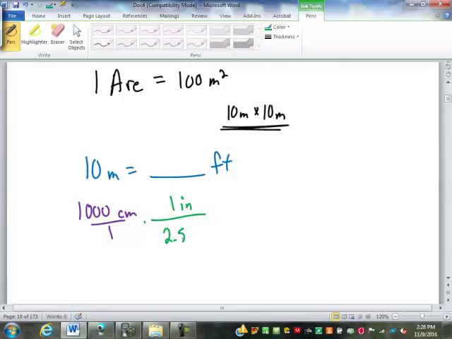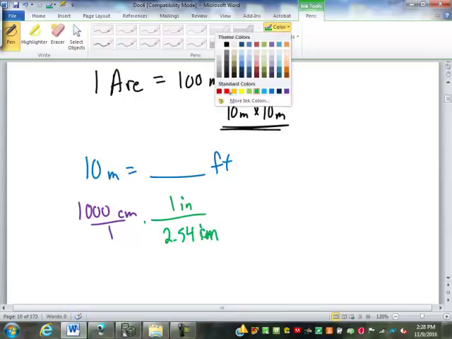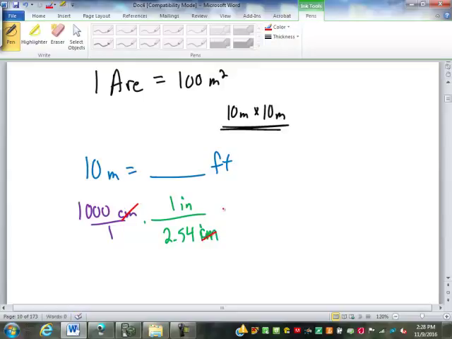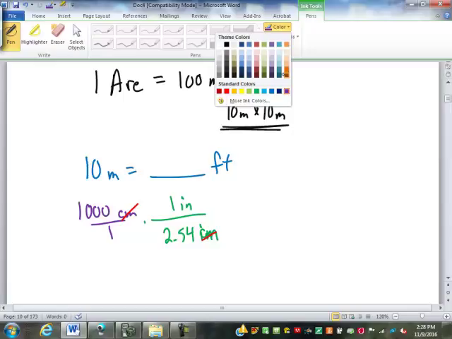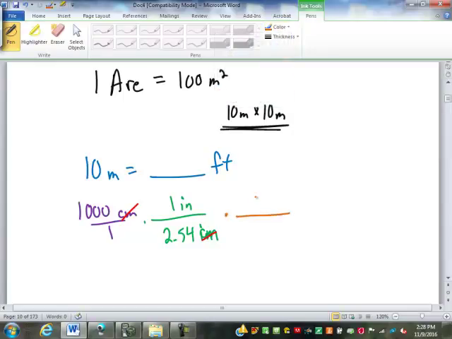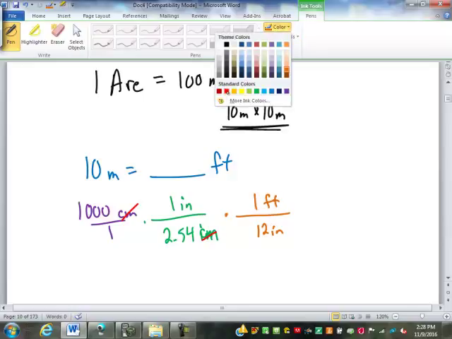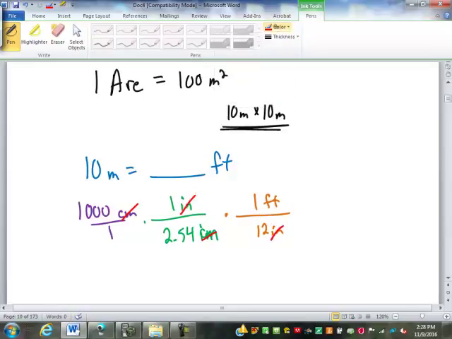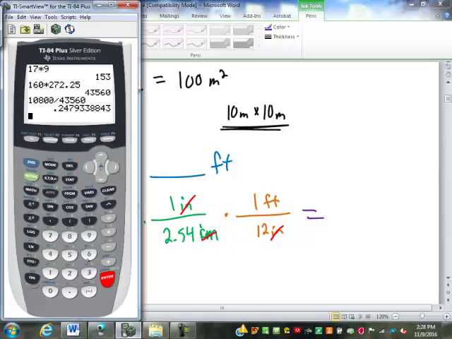I'm going to convert that into inches, 2.54 centimeters in 1 inch. So the centimeters cancel out. Then I'll do the conversion into feet. 1 foot is 12 inches. So the inches will cancel out and will be in feet. So what will happen here, I've got my 1,000 centimeters, or my 10 meters, divided by 2.54 and then divided by 12.